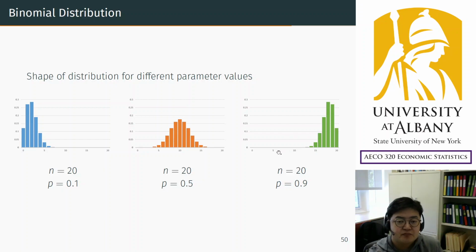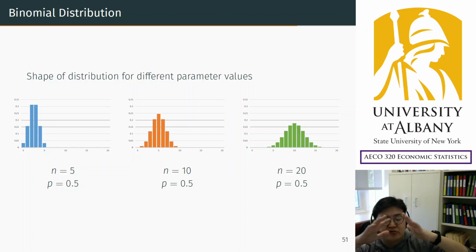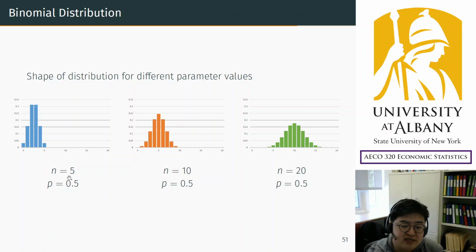Okay. Now, when you change n, as you increase n, the difference is that your distribution will be more spread out, more dispersed. For example, I fix the probability of success to 50%.